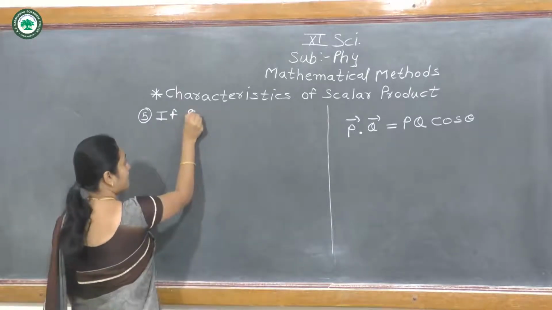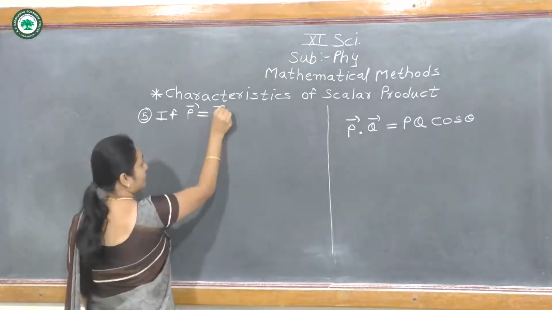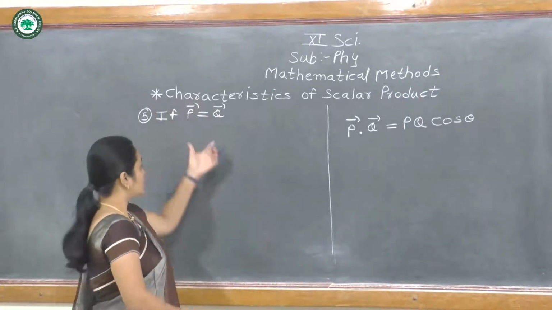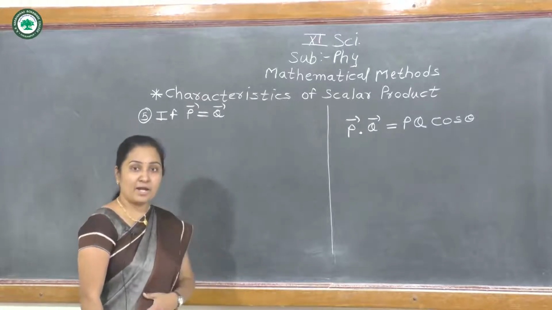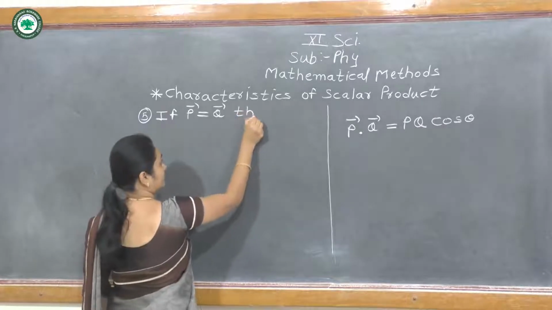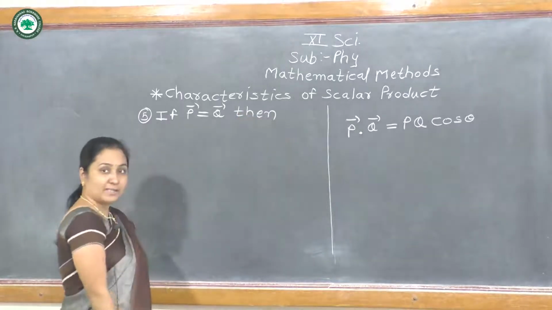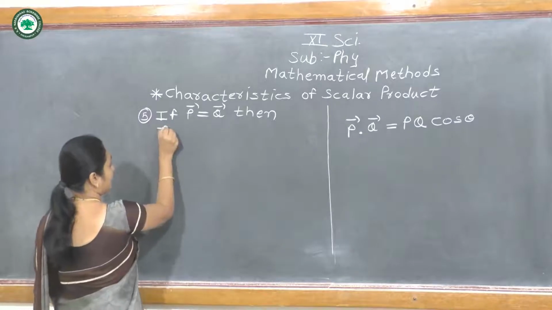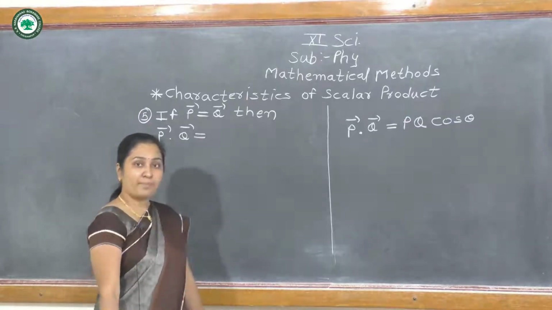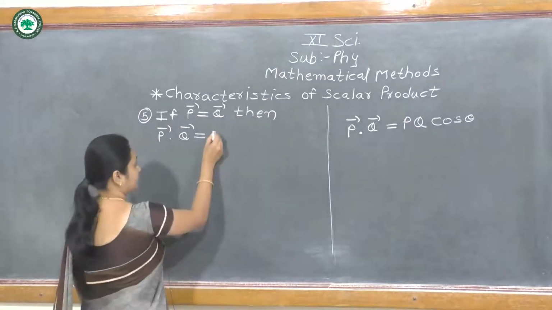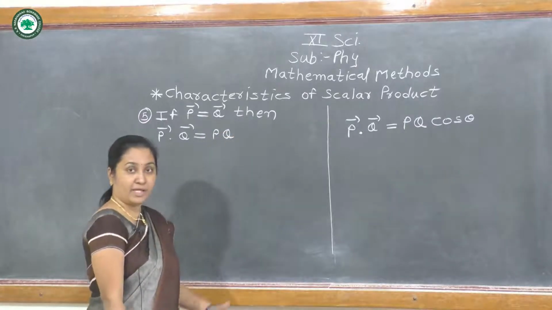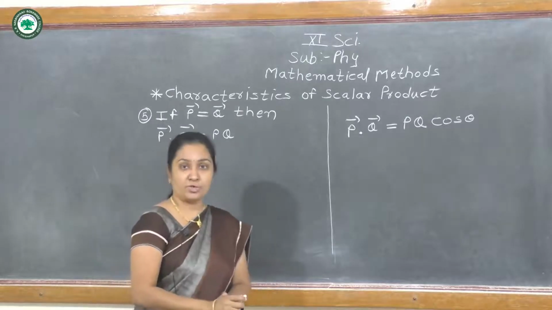If vector p bar is equal to vector q bar, that is these two vectors are equal, then we can write p bar dot q bar is equal to PQ, with theta equal to 0 degree.